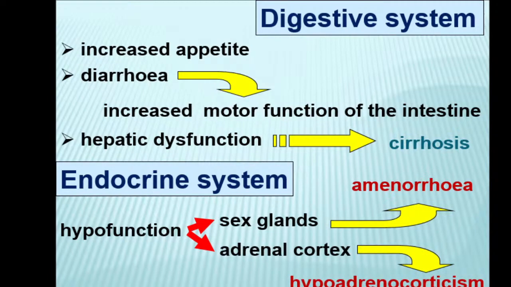There will be some problems with mineral metabolism due to hypoadrenocorticism. And maybe secondary diabetes mellitus due to depressed activity of Langerhans islet beta cells. As a result, synthesis of insulin.